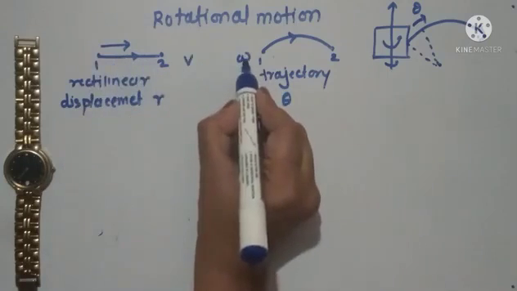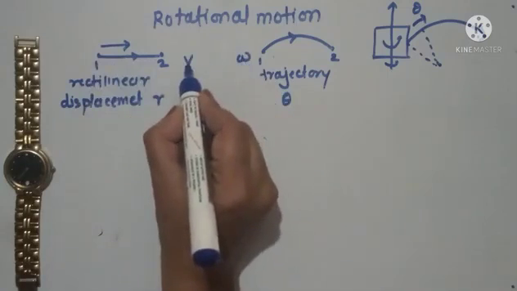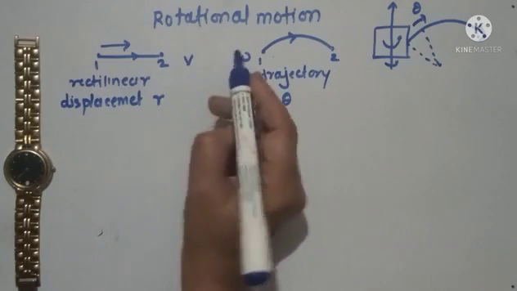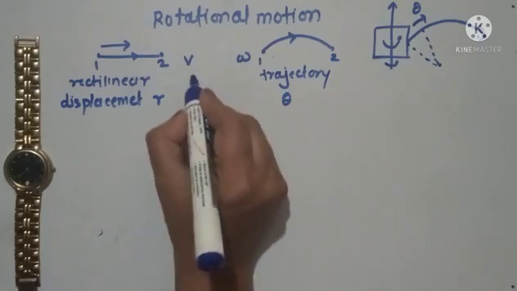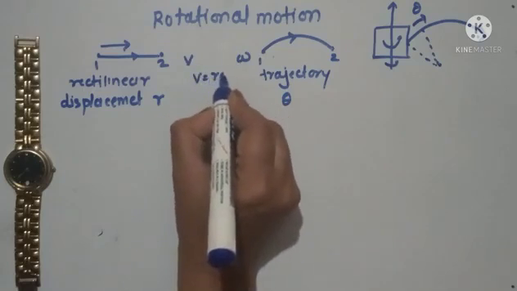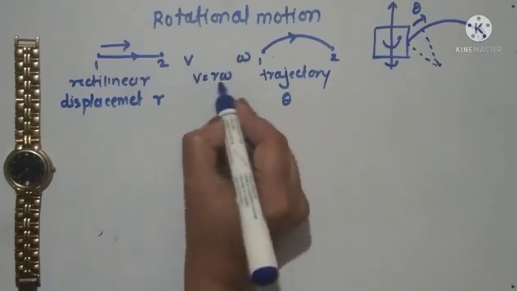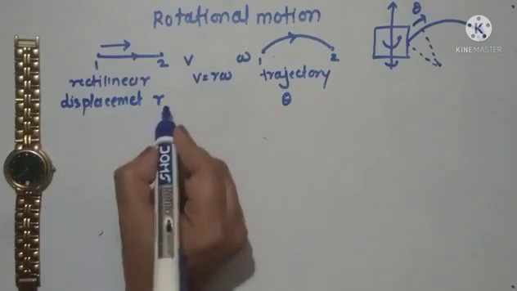So let omega be the angular velocity and let v be the linear velocity. Then there is a relation between these two also: v is equal to r omega. This we have seen in the 12th standard also.